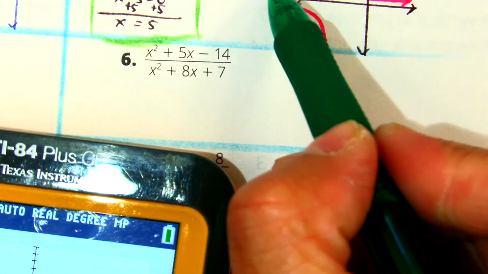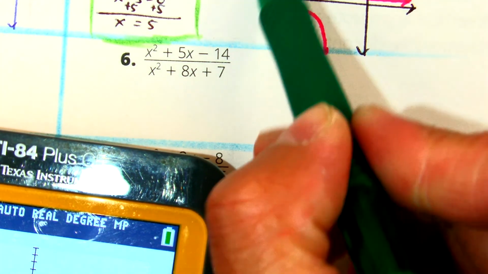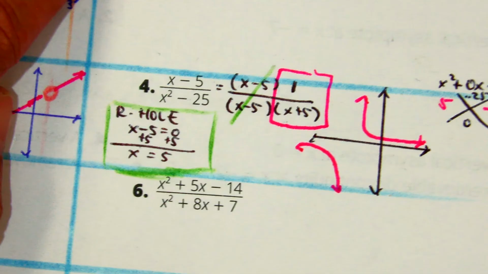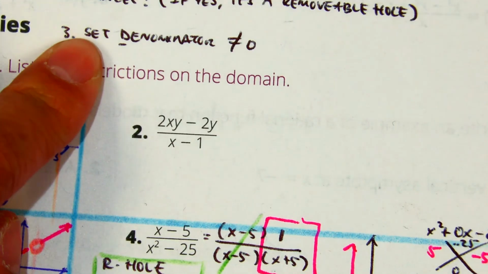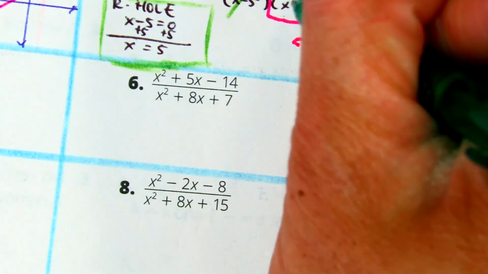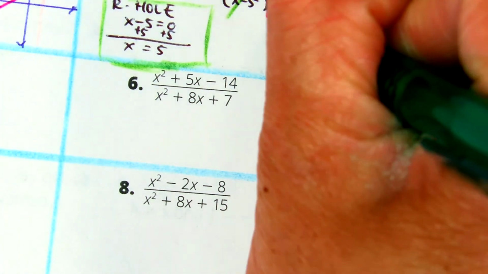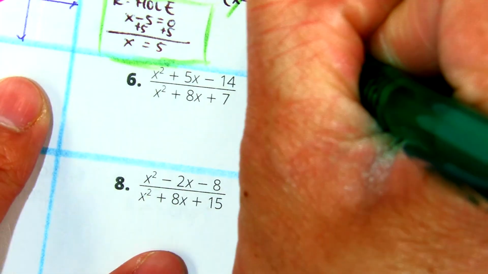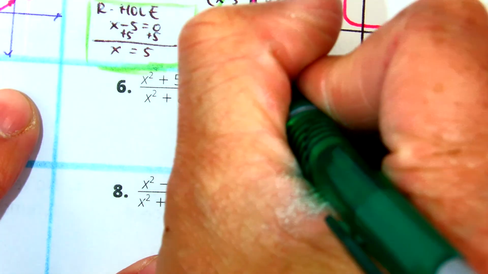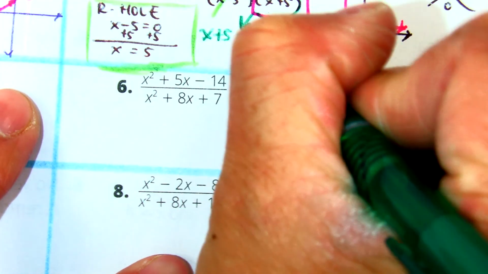When the leftover is a fraction, a rational function, I need to do the third step. We need to set the denominator not equal to 0. So I'm going to set the denominator x plus 5 not equal to 0.